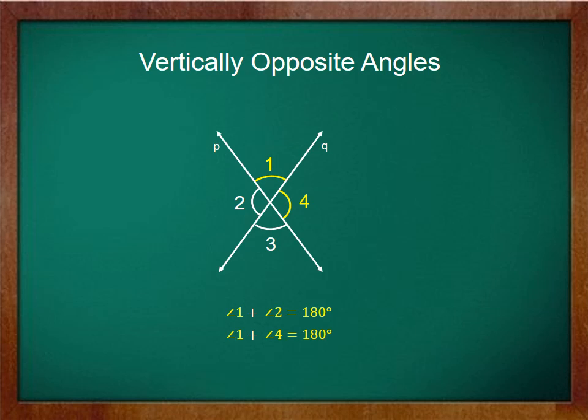That is, the sum of angles 1 and 4 is equal to 180 degrees. So you have an equation where angle 1 plus angle 2 is equal to 180 degrees and angle 1 plus angle 4 is equal to 180 degrees. What this means is that angle 2 is equal to angle 4.